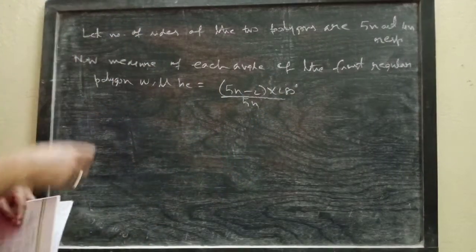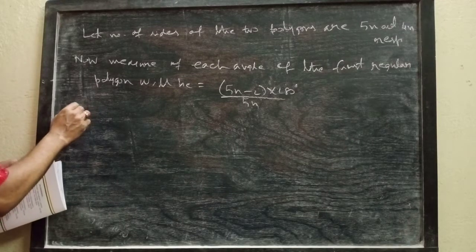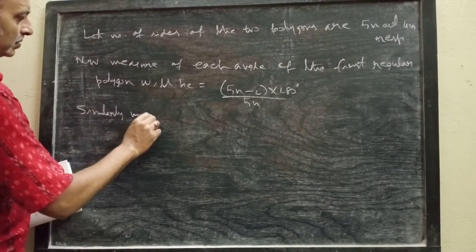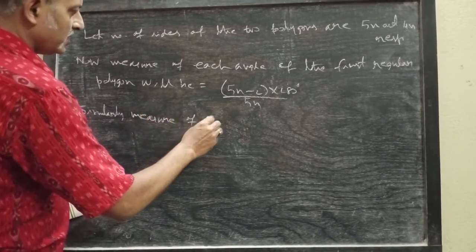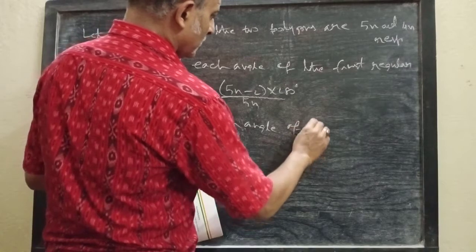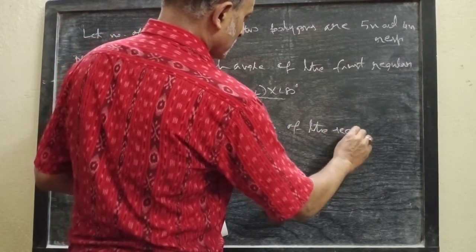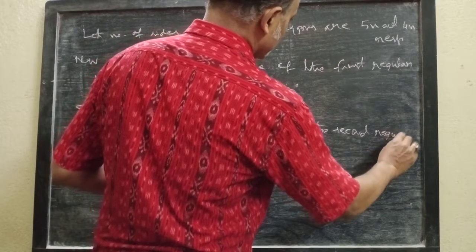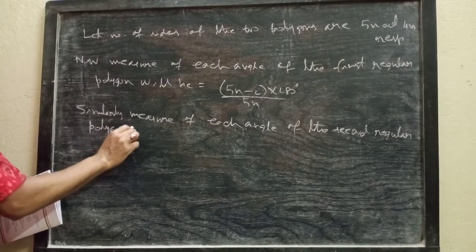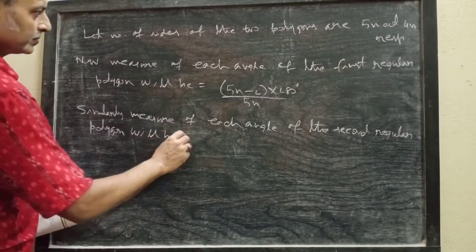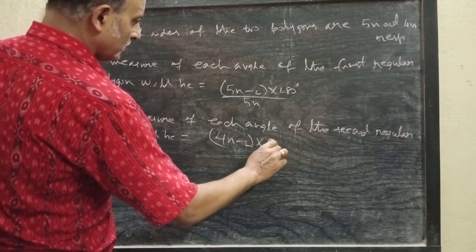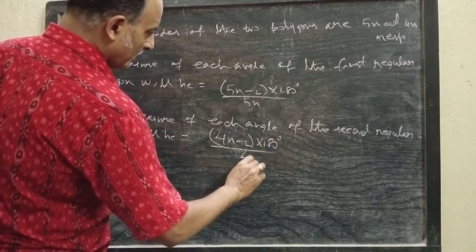This will be the measure of each angle of the first regular polygon. Similarly, the measure of each angle of the second regular polygon will be (4n minus 2) into 180 degrees divided by 4n.